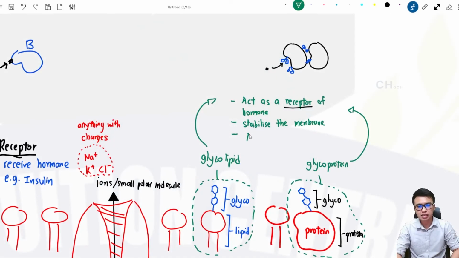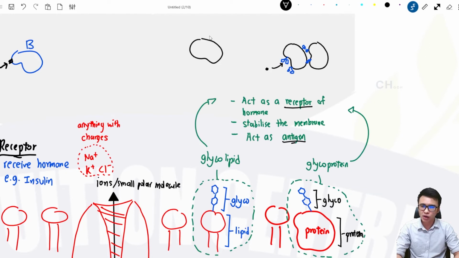And lastly, it can act as an antigen. Now guys, this one is very important. This is the concept that you guys must know. So what is the meaning of antigen? Antigen basically is the identity of the cell. Like I mentioned before, this cell has no face, no eyes, no mouth, no nose, correct or not? But how am I going to recognize the cell? By looking at their antigen.